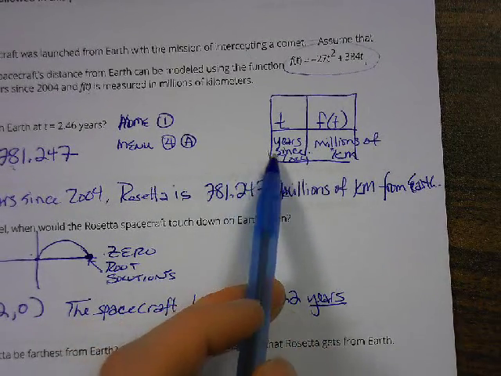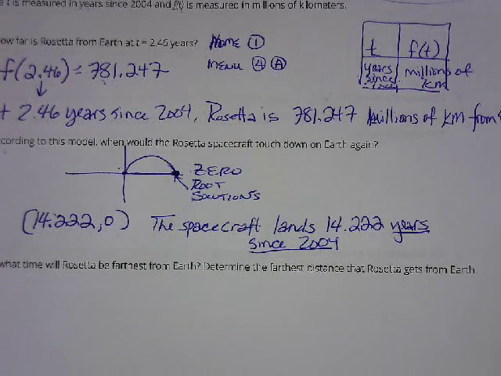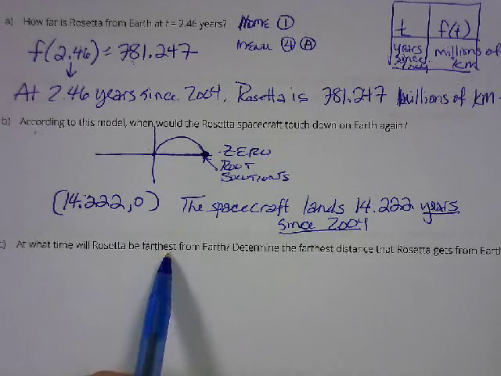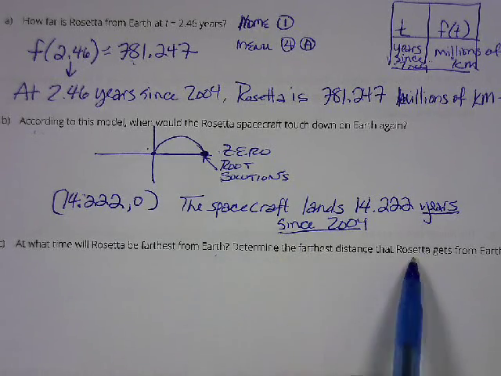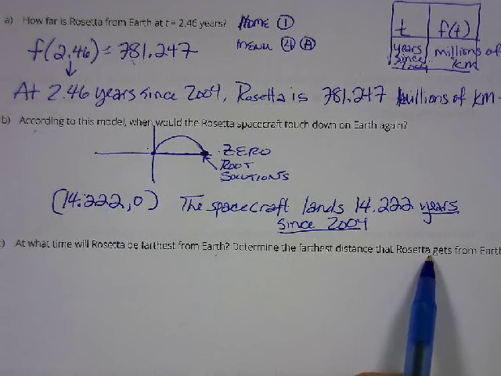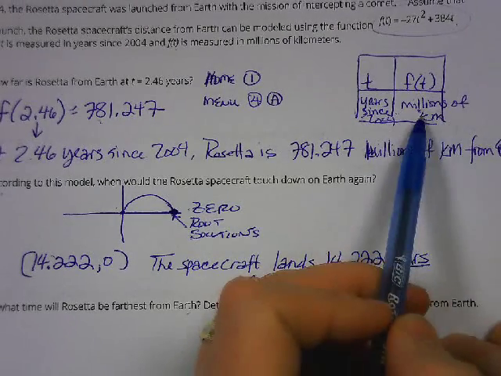Part C asks us at what time will Rosetta be the farthest from Earth, and determine that farthest distance that Rosetta gets from the Earth. So the farthest from Earth, we're talking about here, the y variable is in millions of kilometers from Earth.